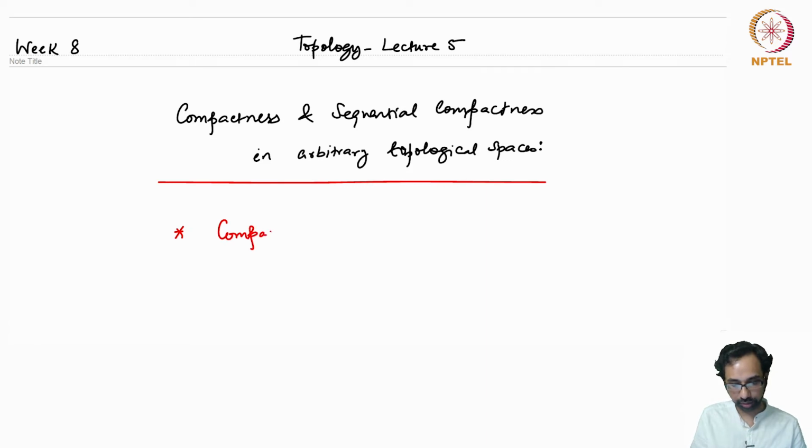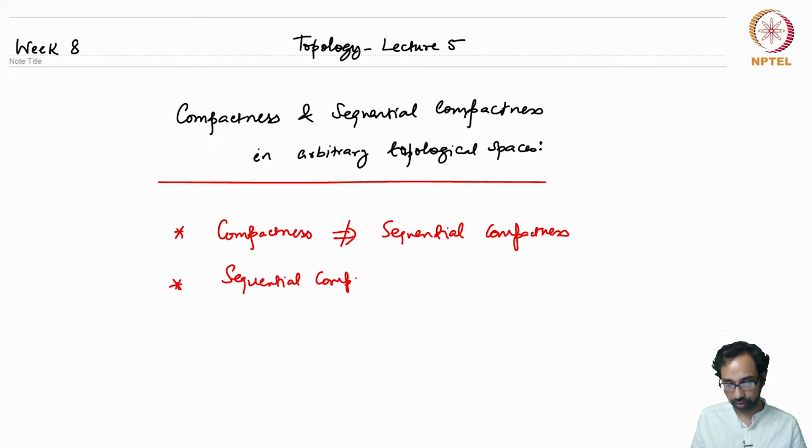And we will show in particular that compactness does not imply sequential compactness in general, and also that sequential compactness does not imply compactness in general.